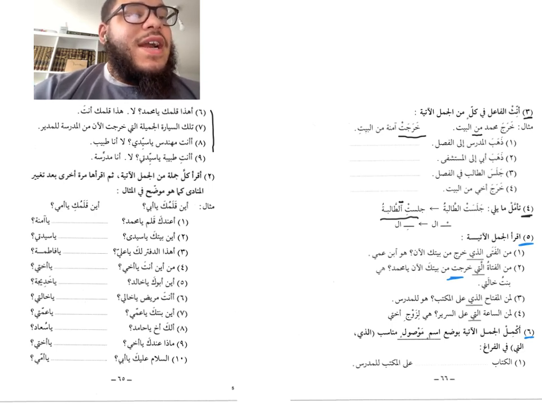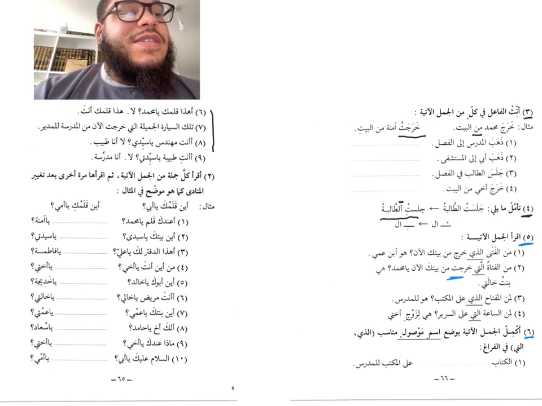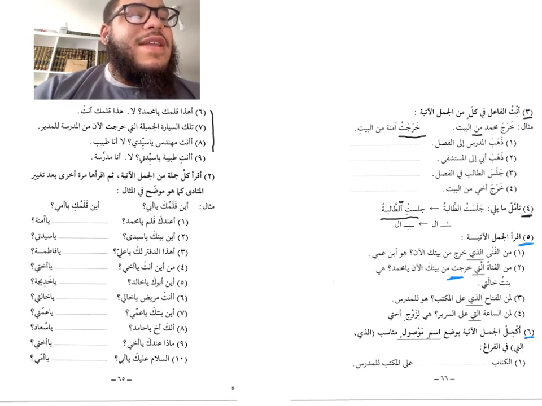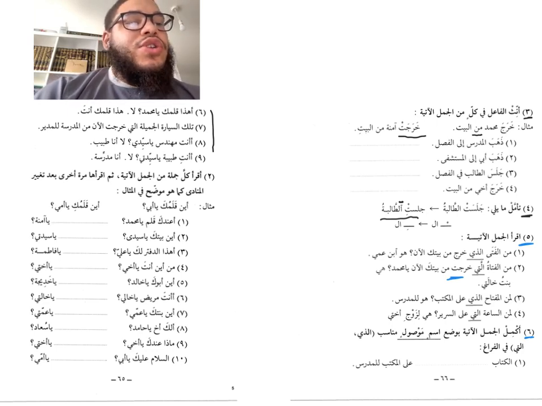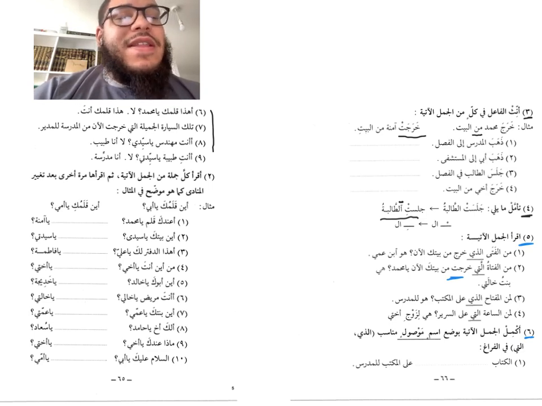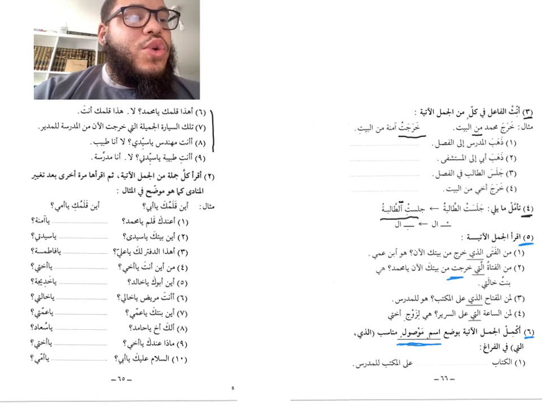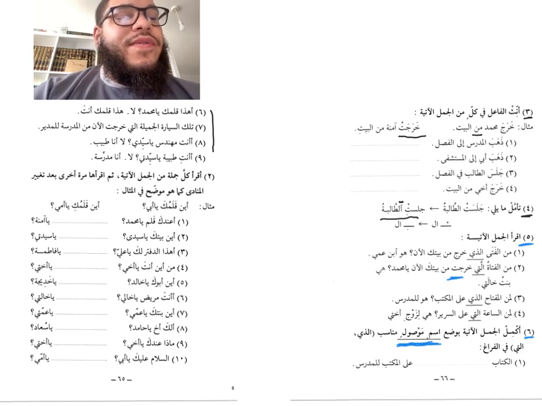Exercise number 6. أكمل الجمل الآتية بوضع اسم موصول مناسب الذي or التي في الفراغ. The name of this type of noun, alladhi and allati, is ism mawsul, the connecting noun. You're going to put the correct one in the gap to fulfill these sentences, inshallah ta'ala, in this sentence and in the next page.